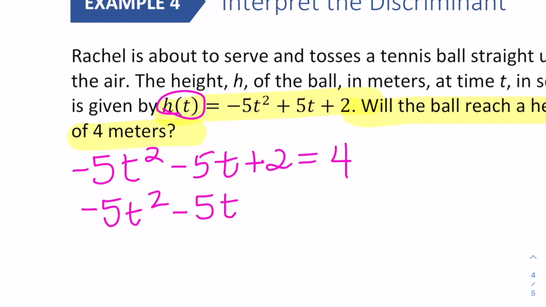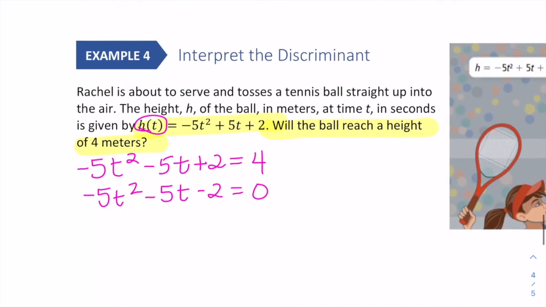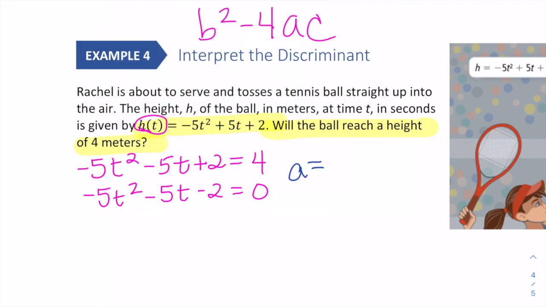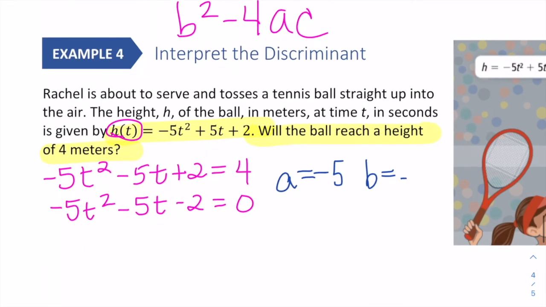So when I subtract 4 from both sides, we get -2. So negative 5t squared minus 5t minus 2 equals 0. Remember, we're looking at the discriminant, which is b squared minus 4ac. So let's first identify those values. a in this equation is -5, b is also -5, and c is -2.